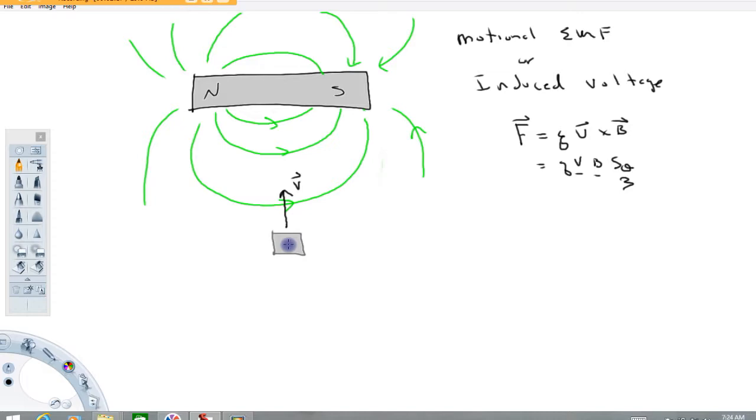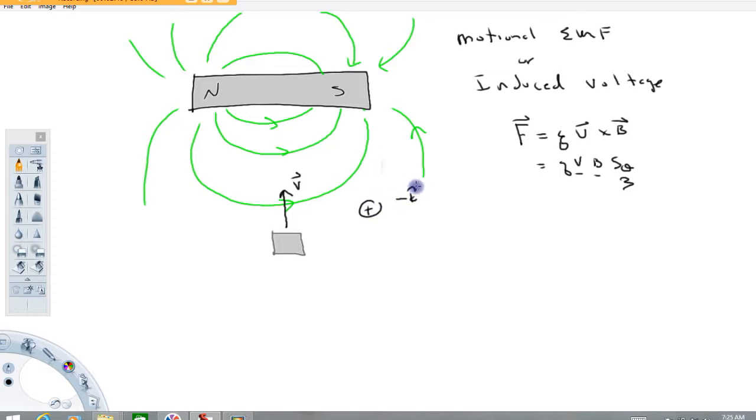All of the protons will experience a magnetic force, a QVB force, and the direction is defined by the cross product. Now, this is kind of hard to describe on this screen. I've got other videos that are more three-dimensional for doing right-hand rule, but any positive charge carrier is going to feel a force in the minus k direction.